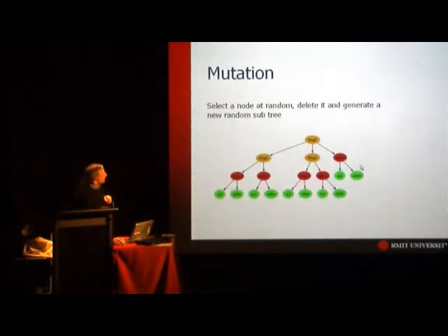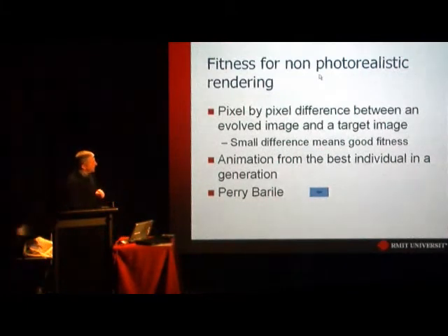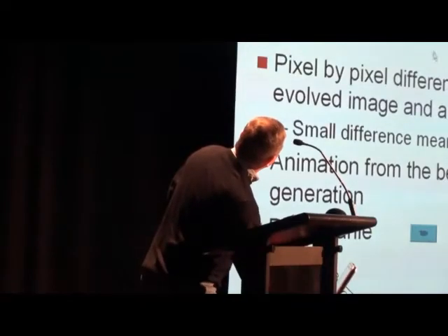Mutations, pretty straightforward. So we'll pick this node here, for example, delete this whole tree under it, and then randomly construct a new program to go in this position here. The fitness.